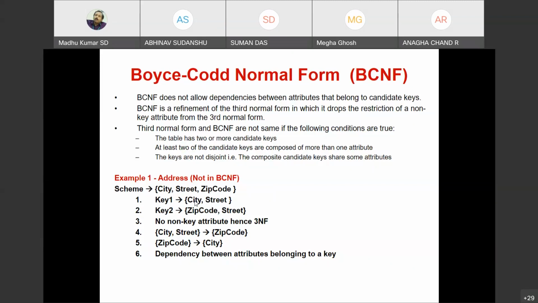These keys have more than one attribute and are overlapping in nature, with street common to both. There are no non-key attributes which are not fully functionally dependent, so it automatically satisfies the condition for 3NF.